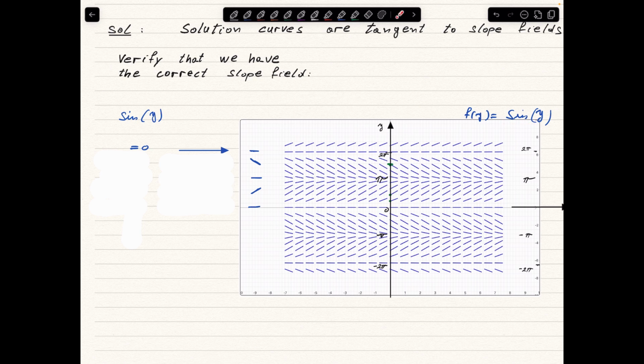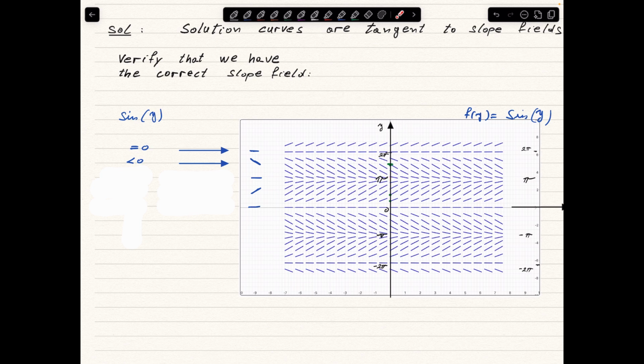Then here at 3 pi over 2, which is more or less over here, we see that the slopes are pretty close to negative 1, which is okay because the sine function at 3 pi over 2 should be negative. Then it is 0 at pi. We don't see it here because we have values a little bit after pi and a little bit before pi, but we don't have values on the slope field exactly at pi.